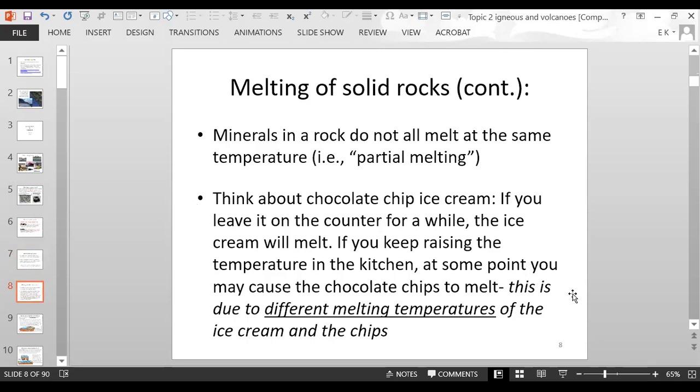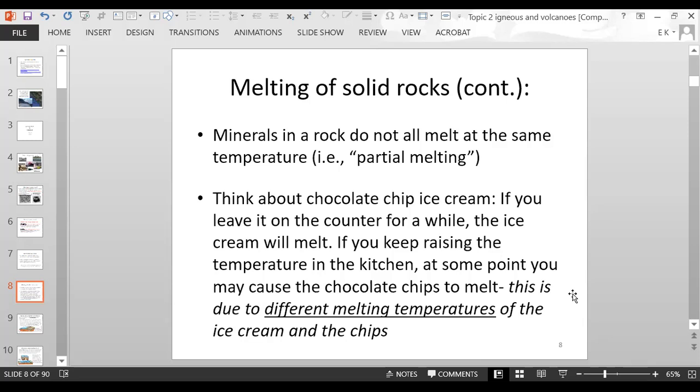Now also, minerals in a rock do not all melt at the same temperature. And that leads us to what's called partial melting. When you think about, let's say, ice melting, it melts at a particular temperature, 32 degrees Fahrenheit or 0 Celsius, and water freezes at the same temperature that ice melts.